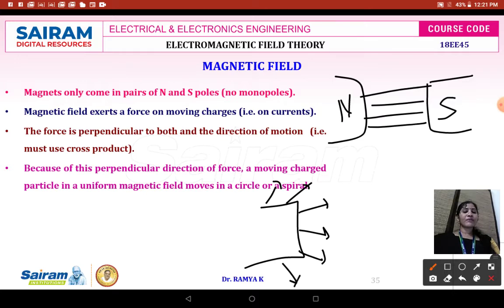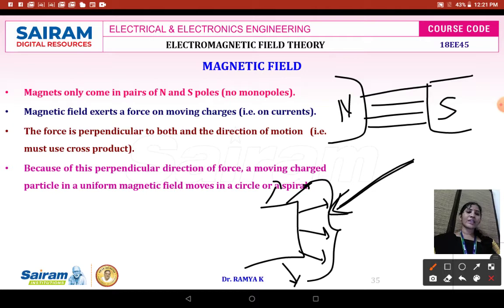But this field can only be observed when you bring any iron object or any other magnetic element near this magnet. Then only we can recognize that there will be a force of attraction or repulsion. Therefore, when you have a magnet, there will be a field exerted around the magnet.